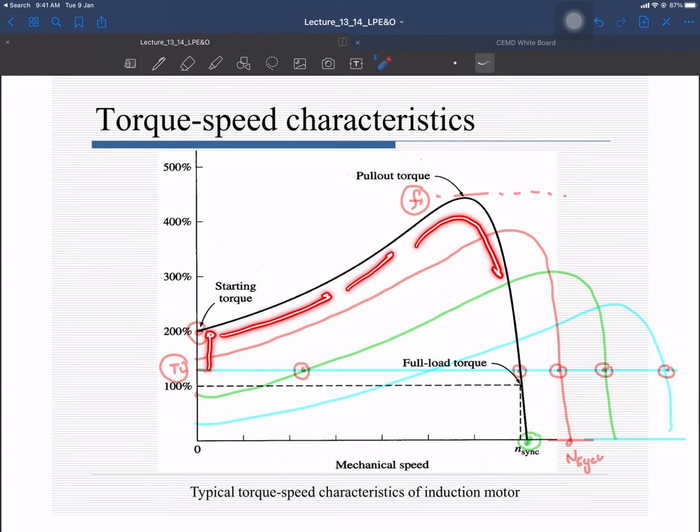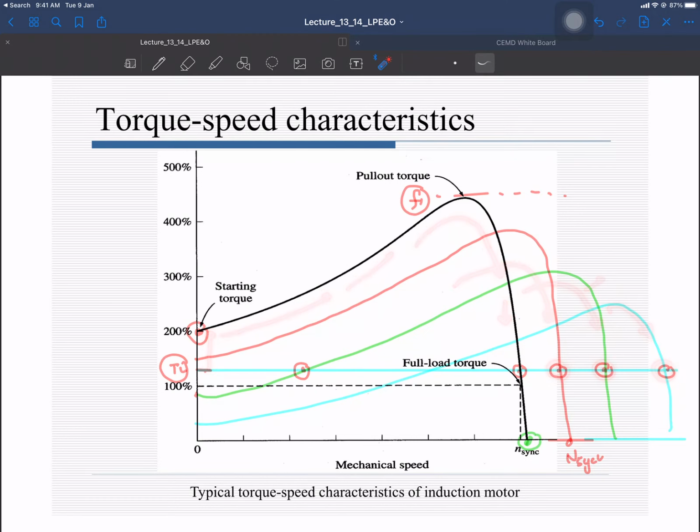When you are entering this region over here, you can now control the frequency and change it so that the second curve is followed. If that curve is followed, you can operate your machine at this point. And if you change the frequency to the frequency of this curve, you can operate your machine at this point. And if you change the frequency to this curve's frequency, you can operate your machine at this point.